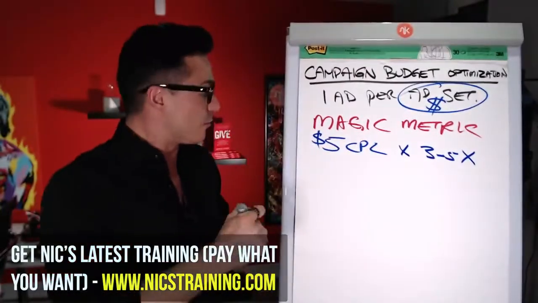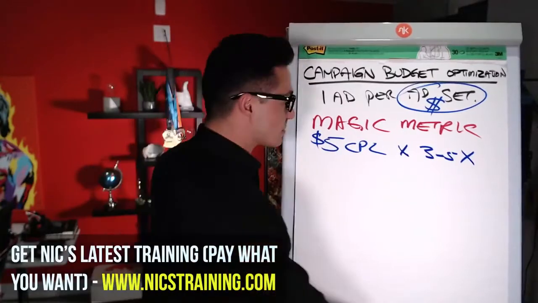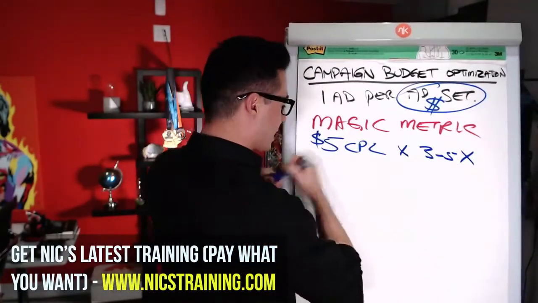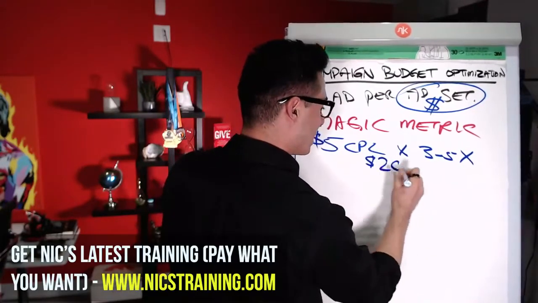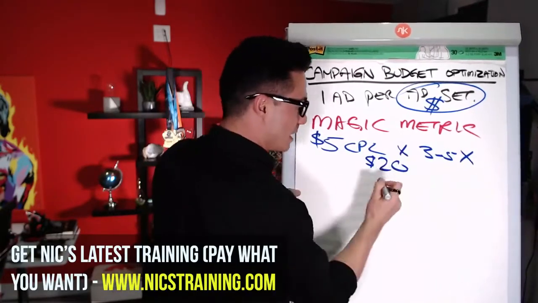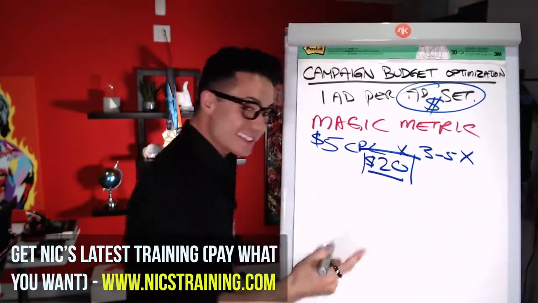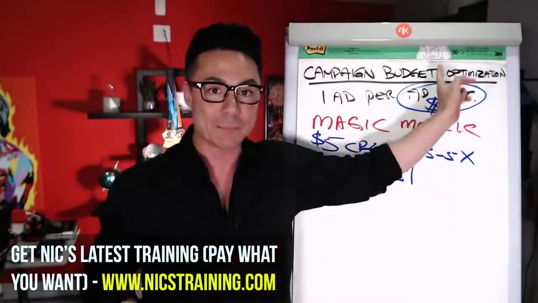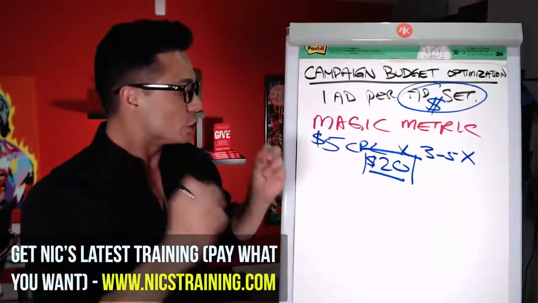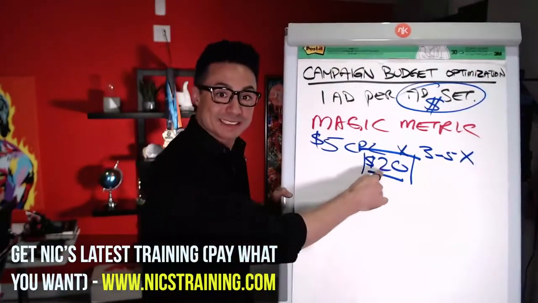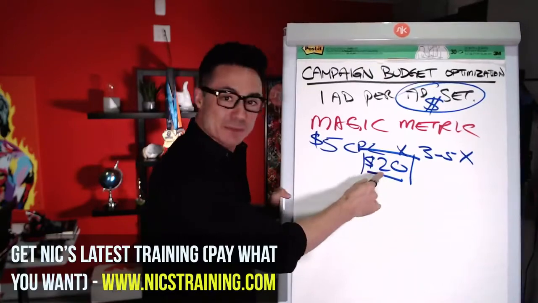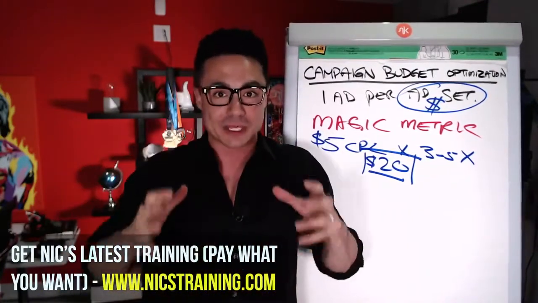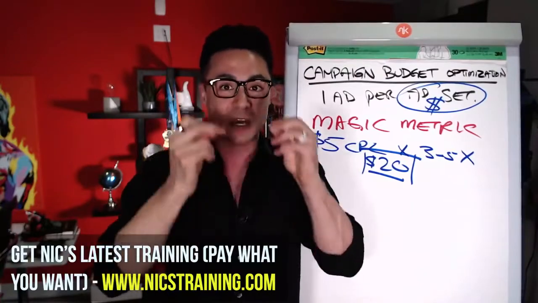To make this very simple, let's call it 4x, which is $20. 5 times 4 is $20. This now becomes an indicator of how you set up your campaign budget optimization. You're going to take this number and times it by the number of ad sets that are in your campaign, and you're going to make that your daily budget.